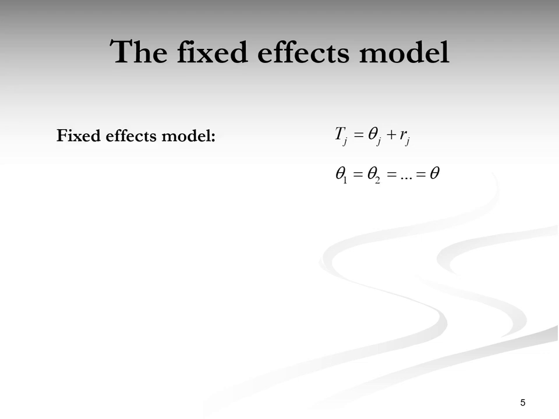And moreover, all the population effect sizes for all the studies are exactly the same. So theta 1 is equal to theta 2 is equal to theta in general. Therefore, this model is also called a fixed effects model. We assume that the population effect is the same for all studies. It's fixed, it's not random.